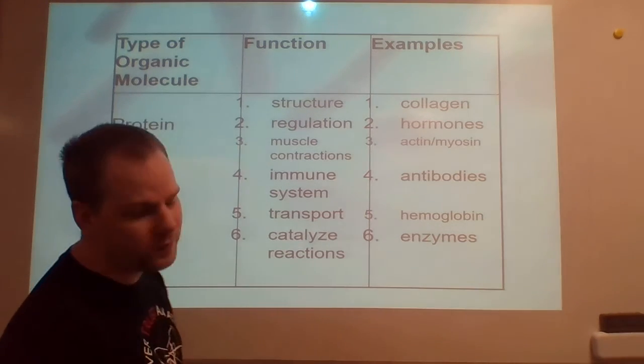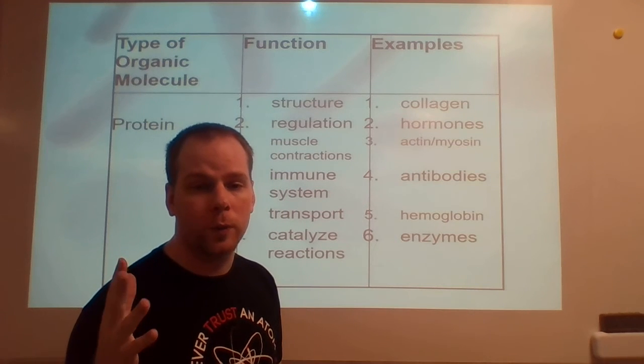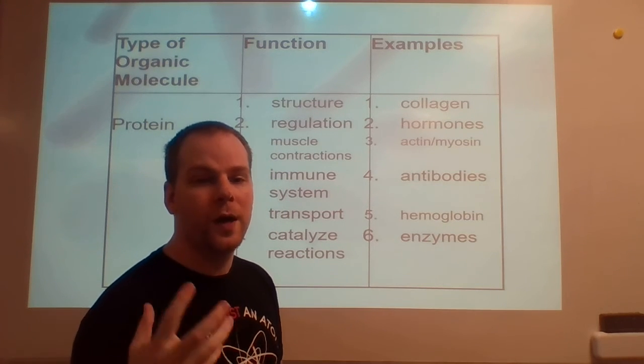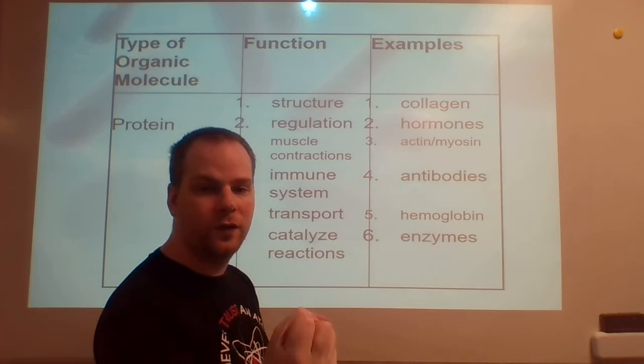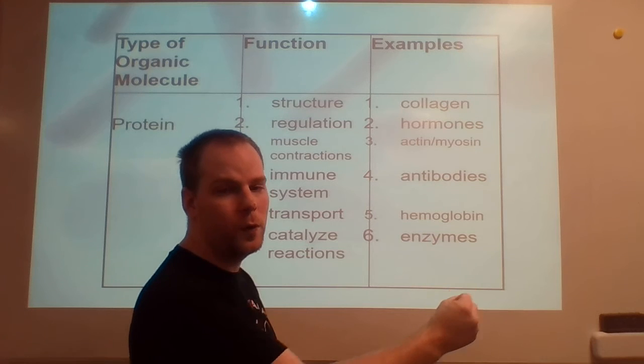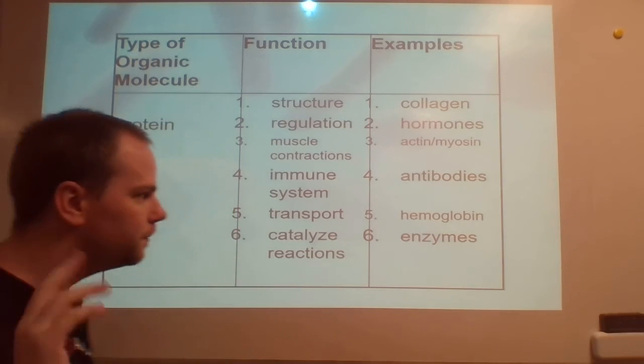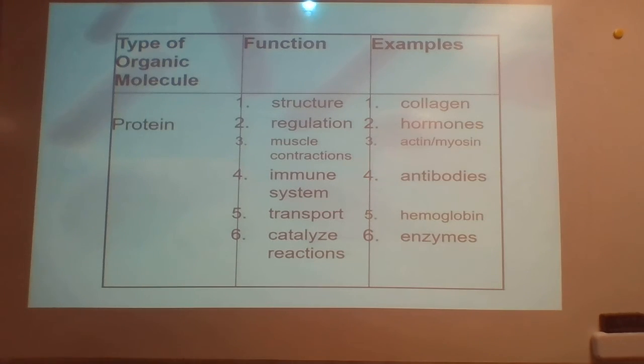Transport: hemoglobin is an excellent example of transport. Hemoglobin is the active ingredient in your red blood cells, where oxygen and CO2 bind to it so that it can carry oxygen to your muscles and CO2 back to your lungs to get rid of it, because it's poison and you don't want it in your body. And then enzymes in your body catalyze reactions.